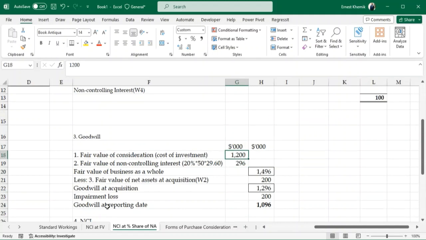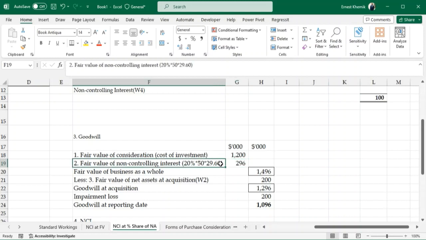The cost of investment remains 1,200. Then the fair value of the non-controlling interest. So now we will not have the fair value of the non-controlling interest, as the value of the non-controlling interest will no longer be measured like this, but rather is going to be 20% multiplied by the value of the net assets of the subsidiary at acquisition date, and we found that to be 200,000.